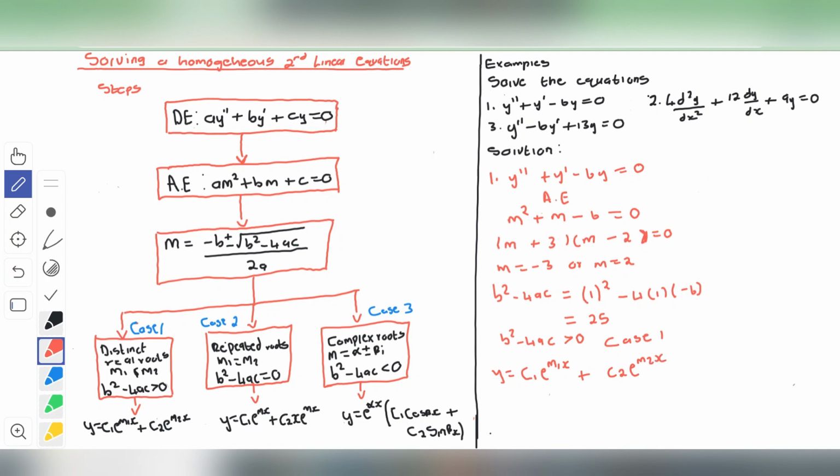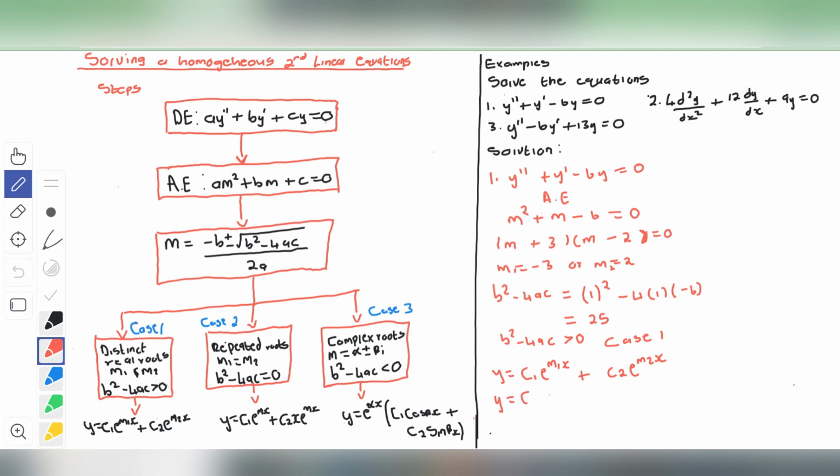So the only thing we are going to do is replace m1 and m2 with the values that we got. You can name this one m1 and this one m2.